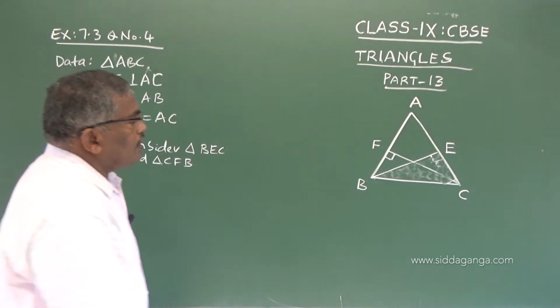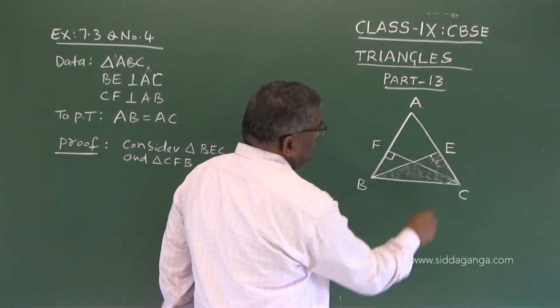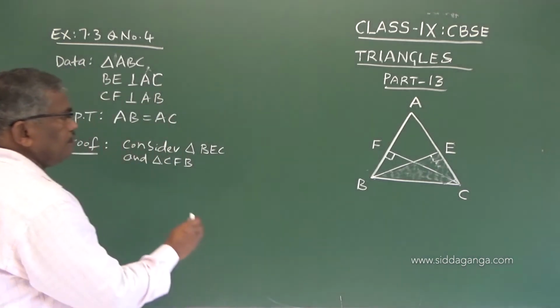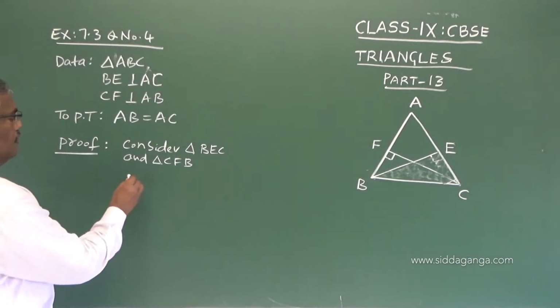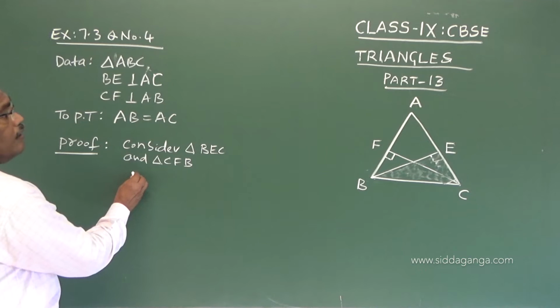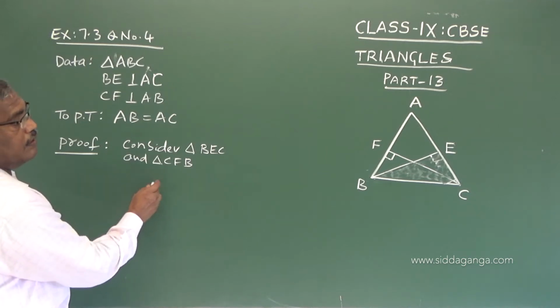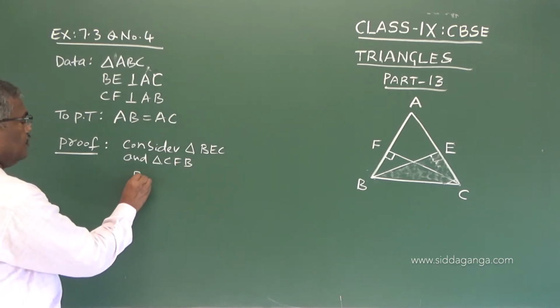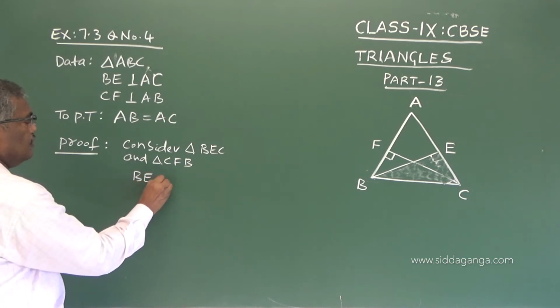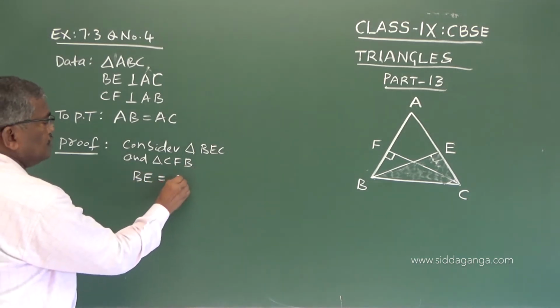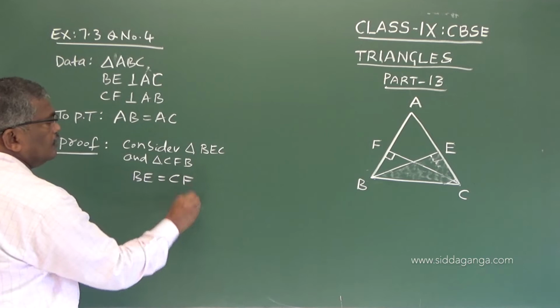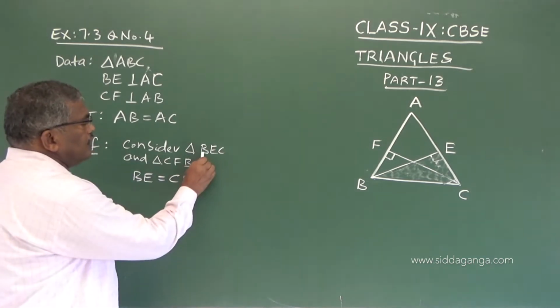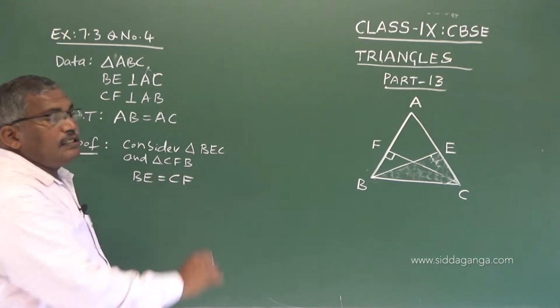So in these two triangles, it is given altitudes are equal, BE is altitude, BE equals CF. BE is part of the first triangle and CF is part of the second triangle.